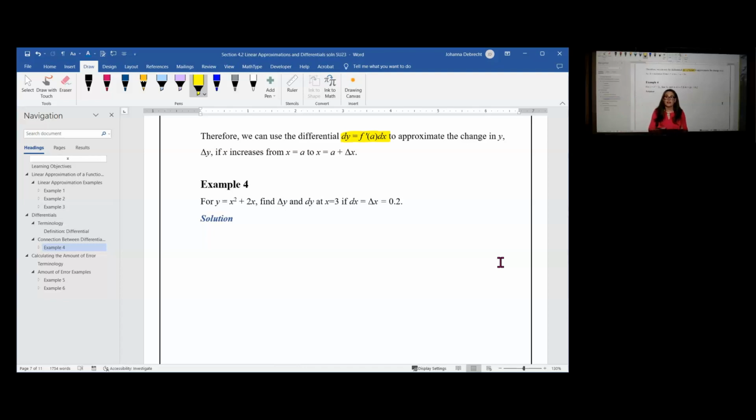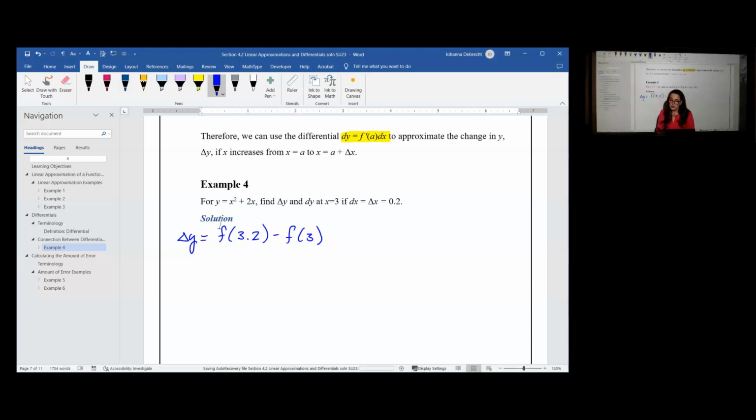To truly find the real change in y values on the function, we need to find the function value at 3 and 3.2. So we need to evaluate the function value at 3.2 minus the function value at 3 to get the actual true value of delta y.